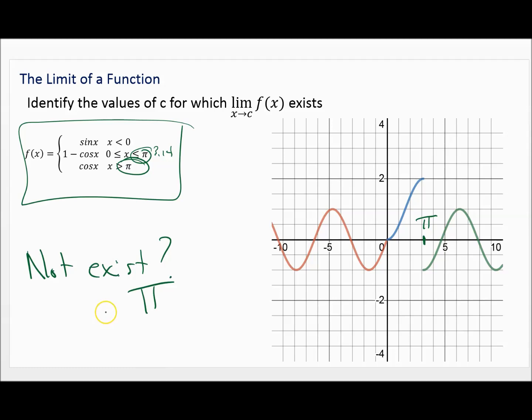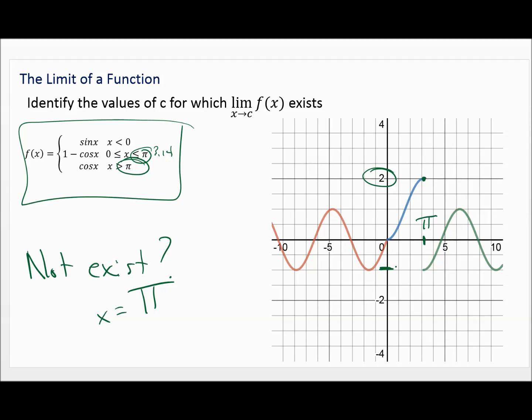At x equals pi. That's a given that it's an x equals value, but to say this correctly, let's say x equals pi. Because from the left, notice my answer is at 2. Right there at pi, it's up here at 2. But if I'm coming from the right side, it is down here at -1, it looks like.